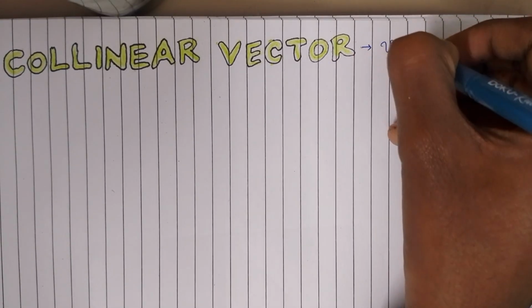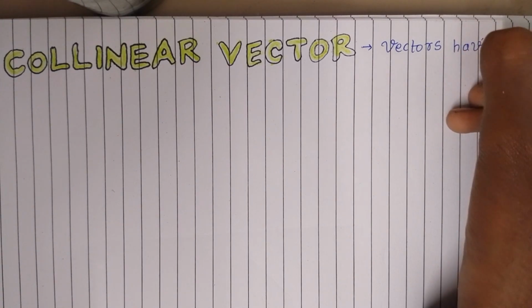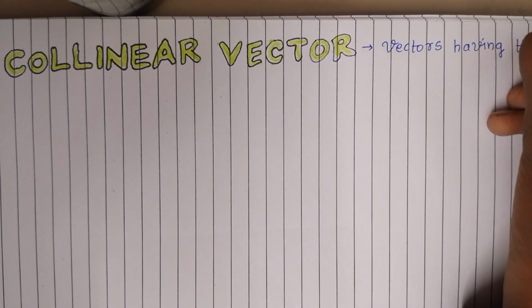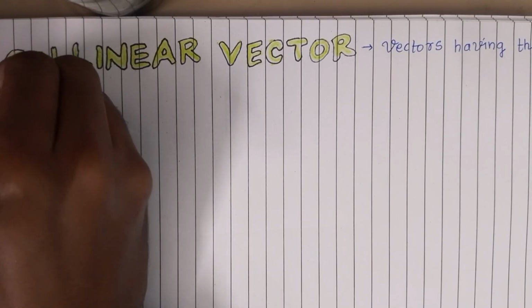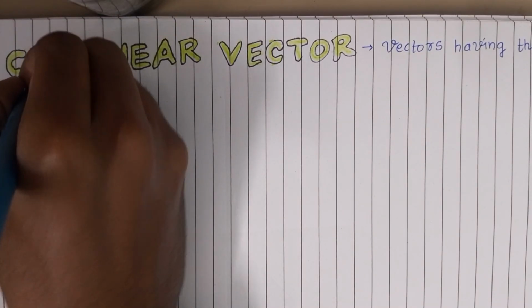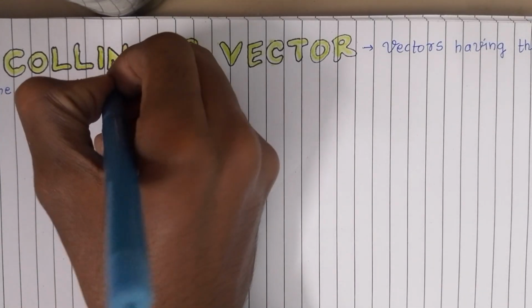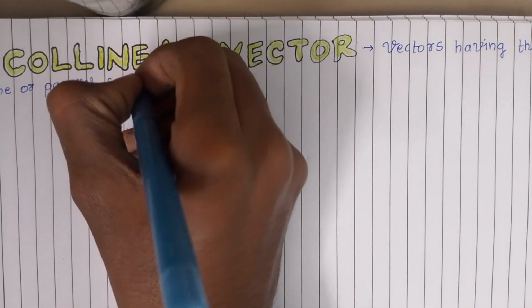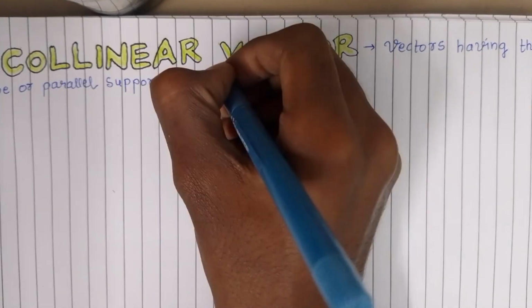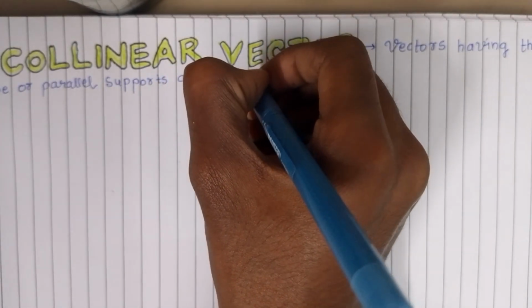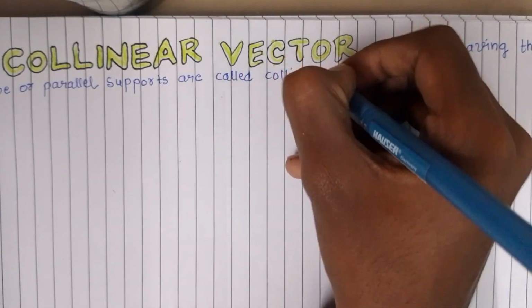Vectors having the same or parallel supports are called collinear vectors.